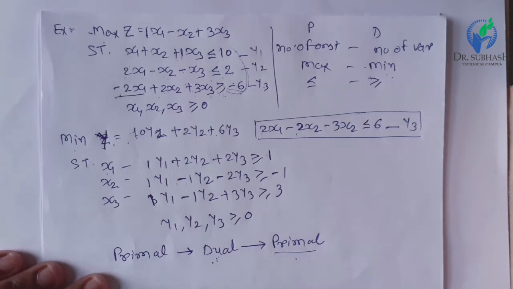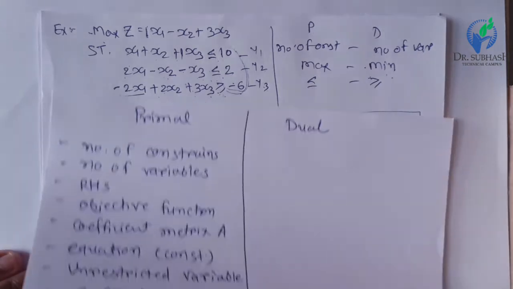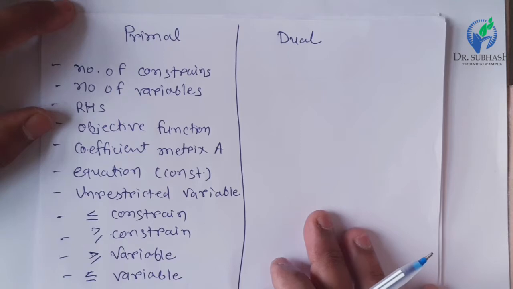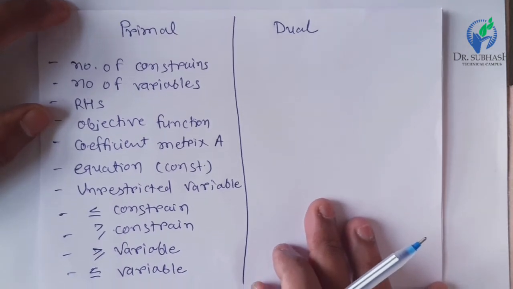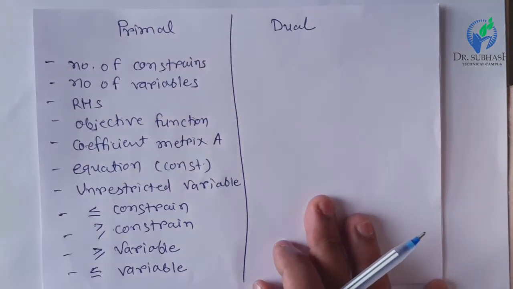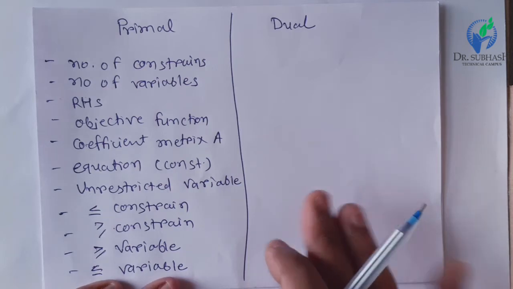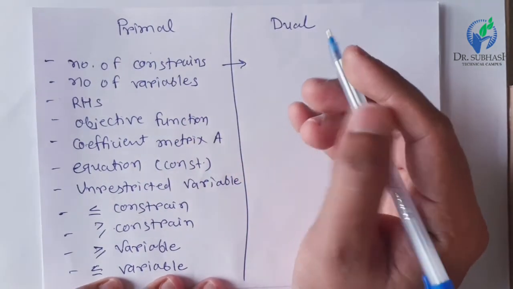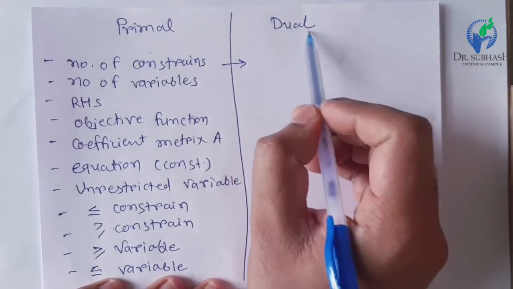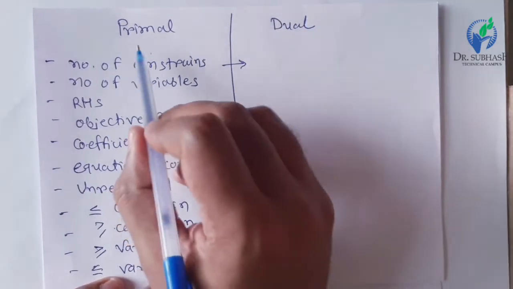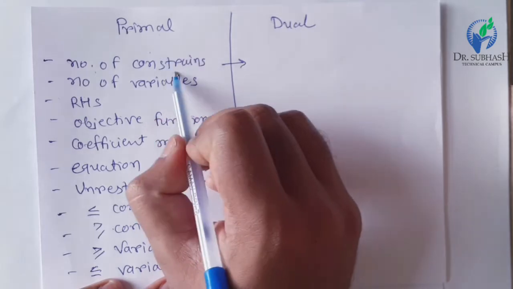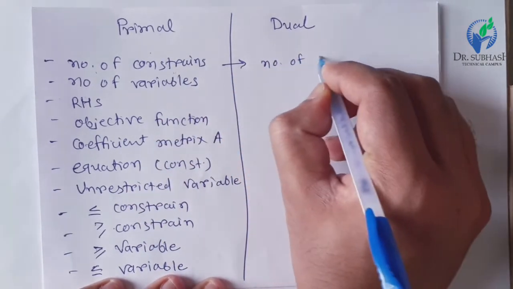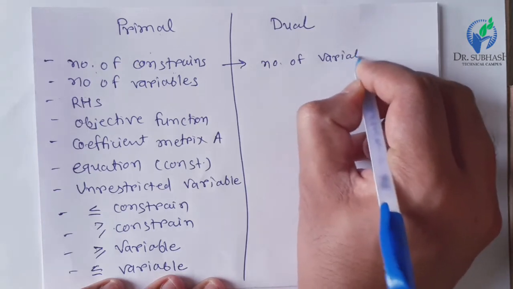So let us understand what we have to keep in mind while converting any problem into the dual of the same problem. The condition is given in the primal, and here is what will be in the dual when you convert the problem. The number of constraints in the primal will become the number of variables in the dual.